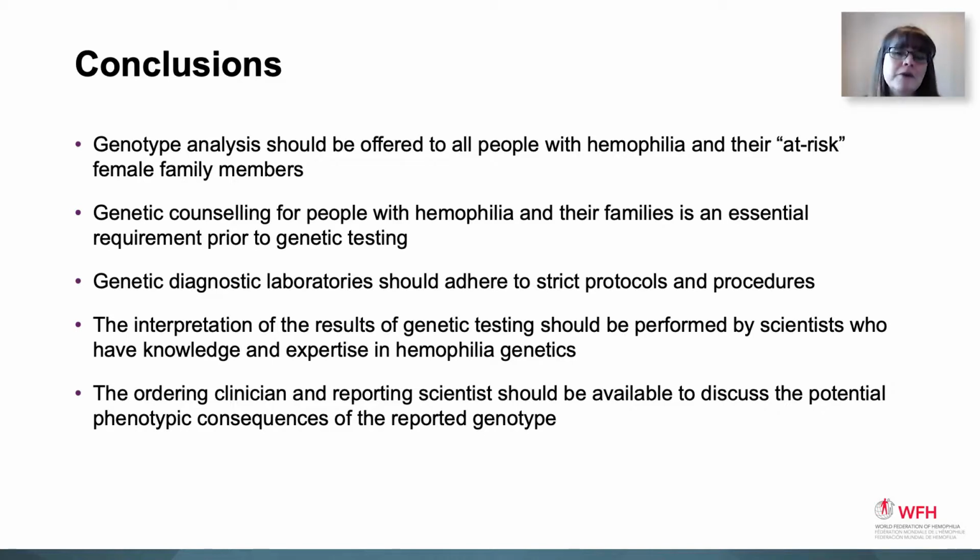Genetic diagnostic laboratories should adhere to strict protocols and procedures to produce sensitive, specific, and robust results. The interpretation of the results of genetic testing should be performed by scientists who have knowledge and expertise in haemophilia genetics. The ordering clinician and reporting scientist should have good communication and be available to discuss the potential phenotypic consequences of the reported genotype.